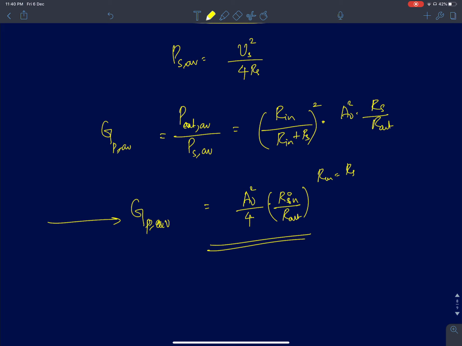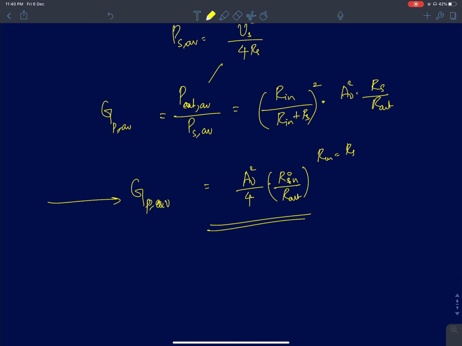Available power gain is nothing but the maximum available output power divided by the available source power. The ratio of the two will give me the available power gain.